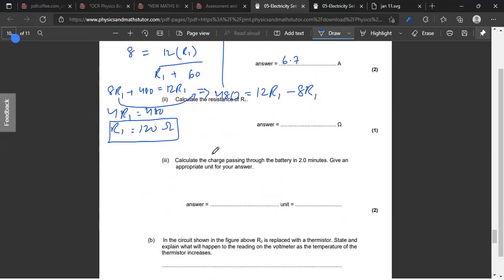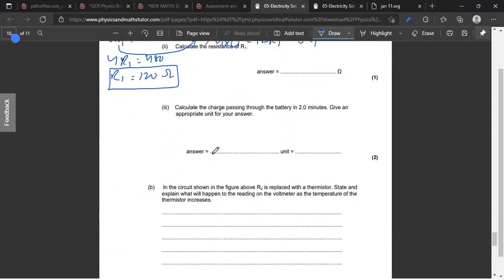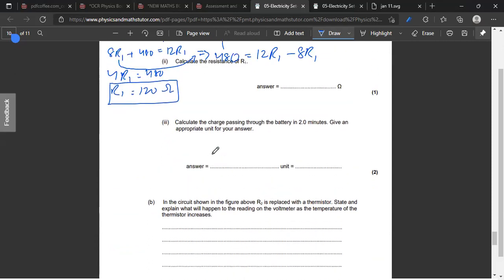Calculate the charge through the battery, Q equals IT. 6.7 times 2 times 120 equals 8.